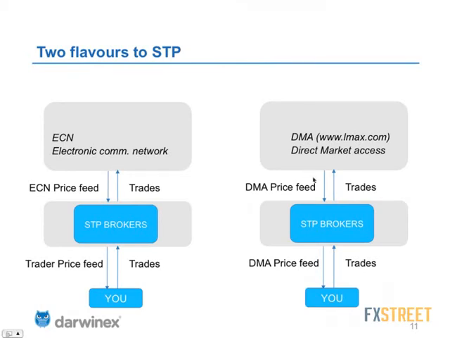So that direct market access price feed gets to the broker. And then, unlike many of the other models, we publish the exact same feed that we're actually getting from the market. So the price that we get is the one that we offer you in the case of a DMA STP broker like DarwinX, which is the one we operate. There are a few other brokers that do this, but it is seldom the case that people offer the raw spreads.